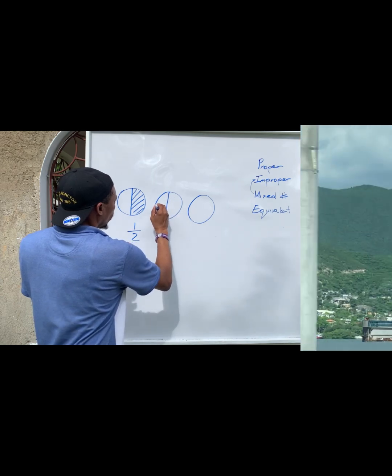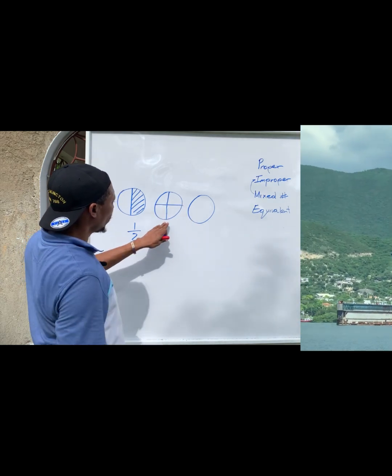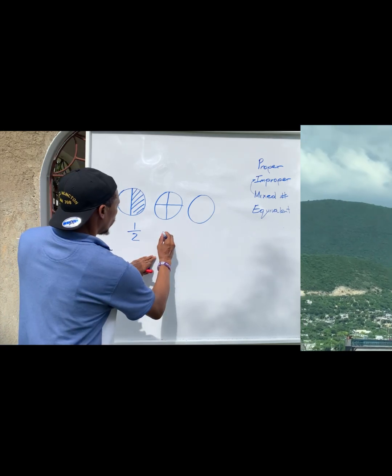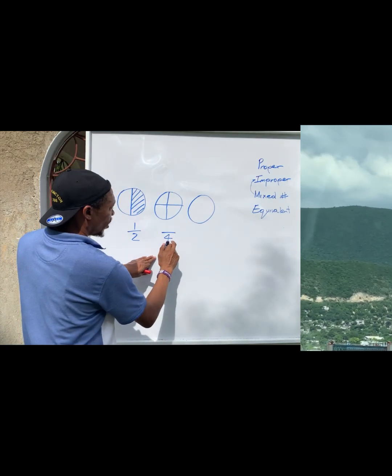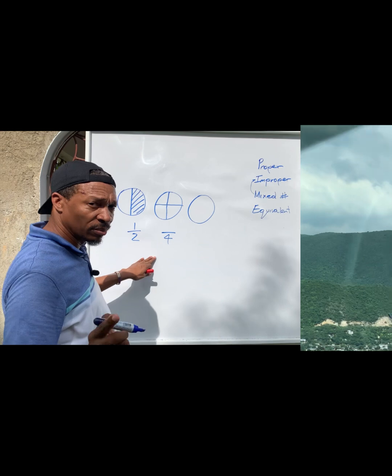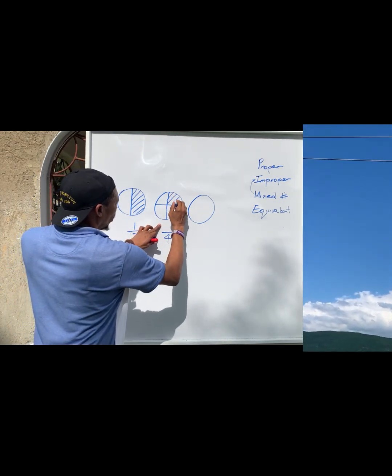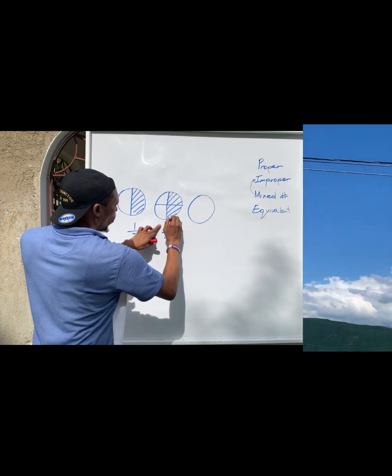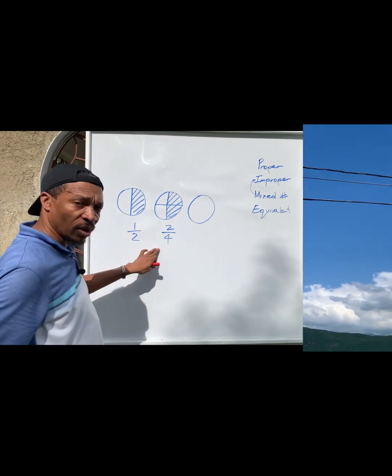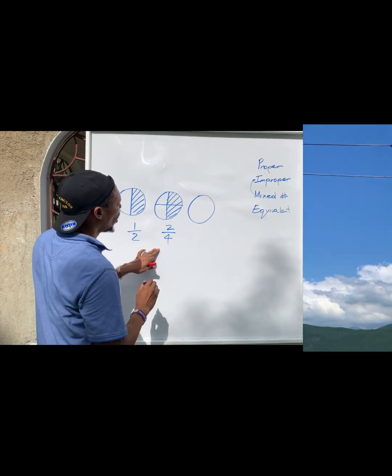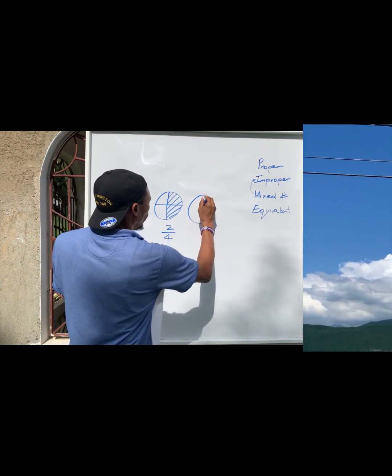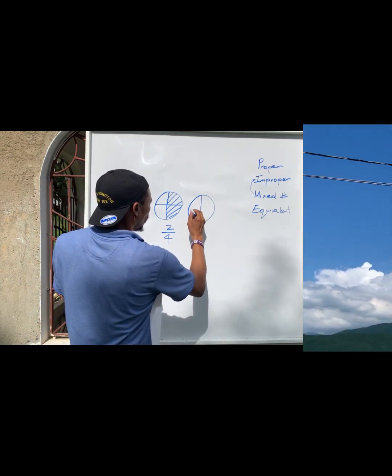We divide this circle into 4. So that would have been 4 pieces it's divided into. And let's say we shade 2 of this 4. Bear with me. And let's say we do this one as well.